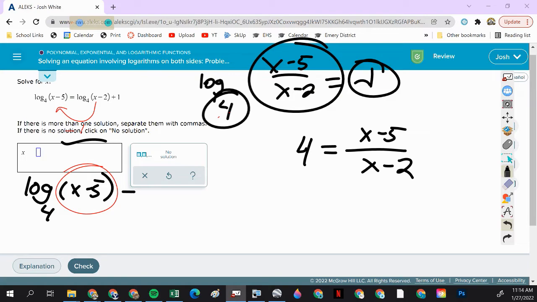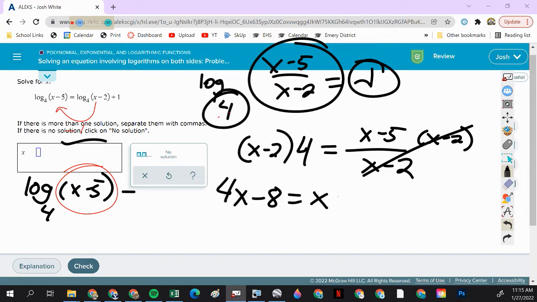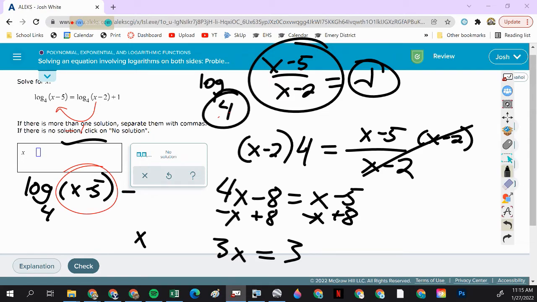Now we just multiply by x minus 2. Move that to the other side. 4x minus 8 equals x minus 5. Add the 8. So x equals 1.